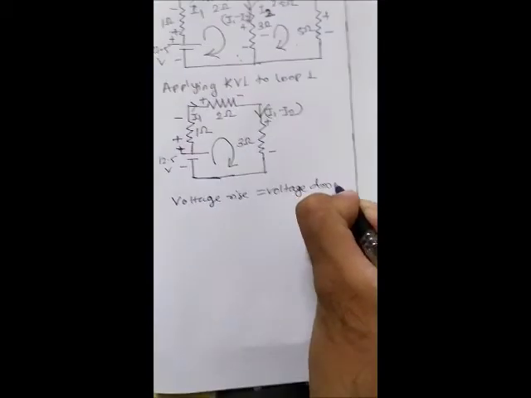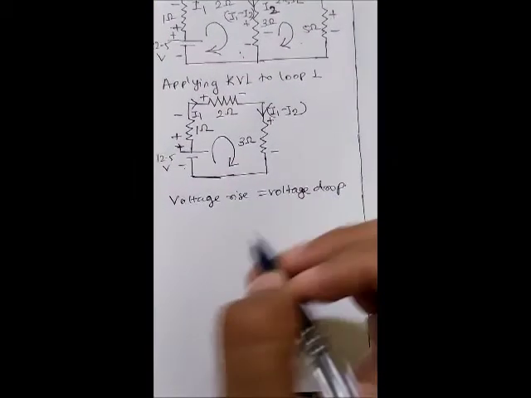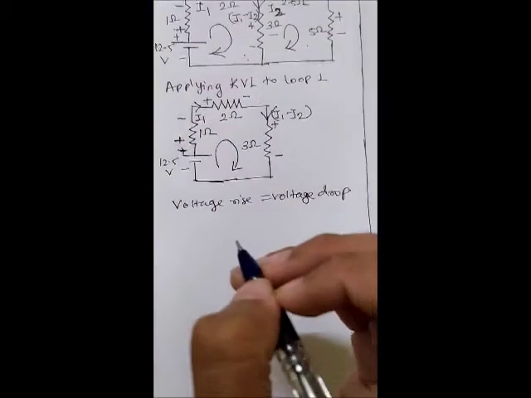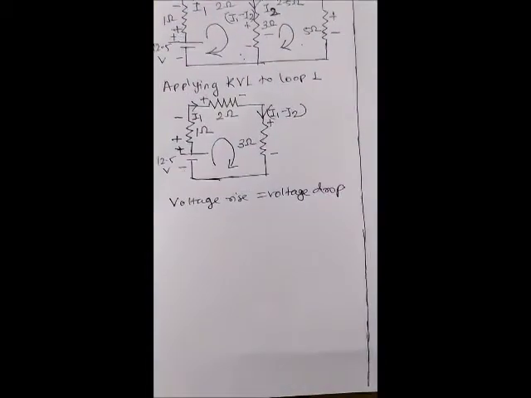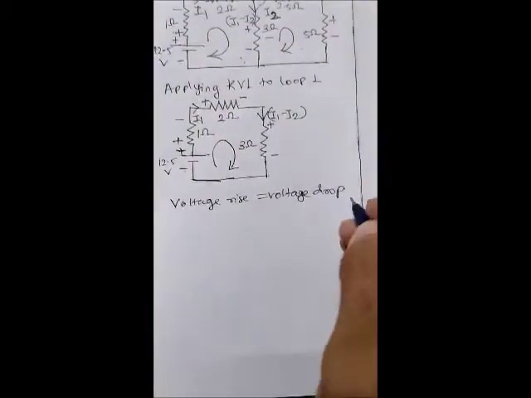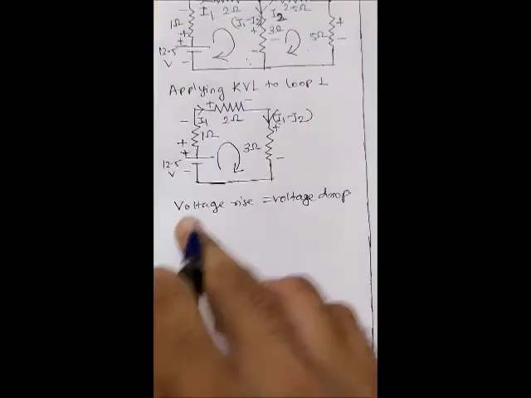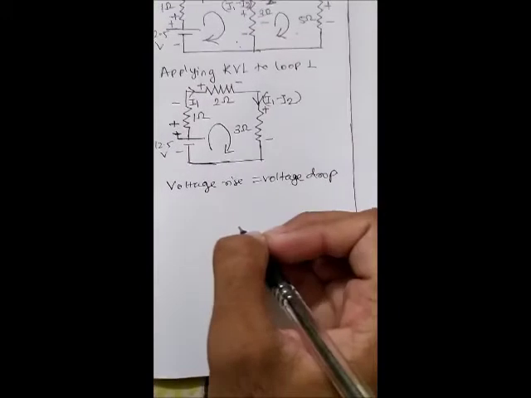In KVL the statement is that summation of voltage rise is equal to summation of voltage drop, or summation of all the voltages is equal to 0. So voltage rise is equal to voltage drop. This is the statement of KVL.